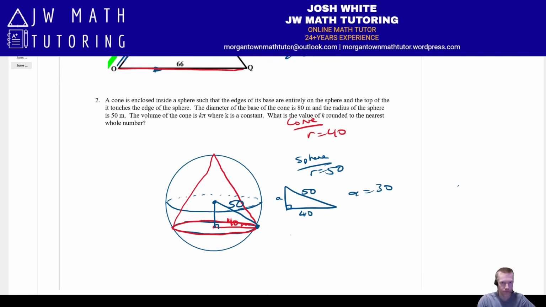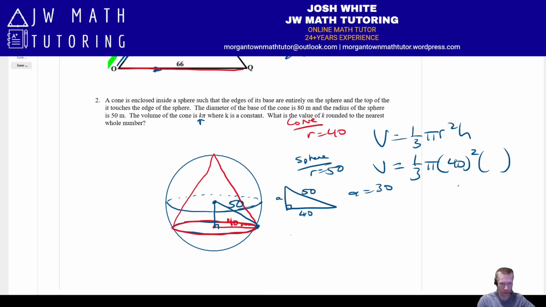Now, to find the volume of the cone, the formula for volume is 1/3 pi r squared h. We're not really concerned about the pi. We're concerned about the 1/3 r squared h part, because k is the number that's multiplied by pi. We already know the radius of the cone is 40. We need the height of the cone.